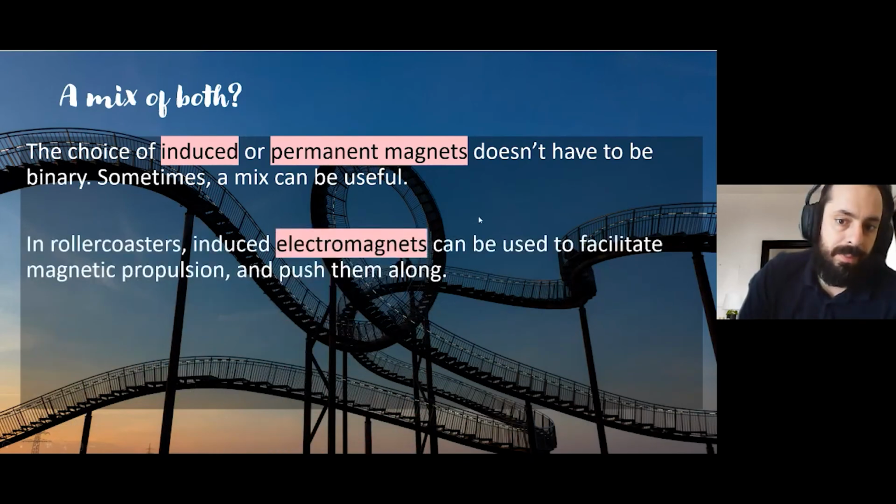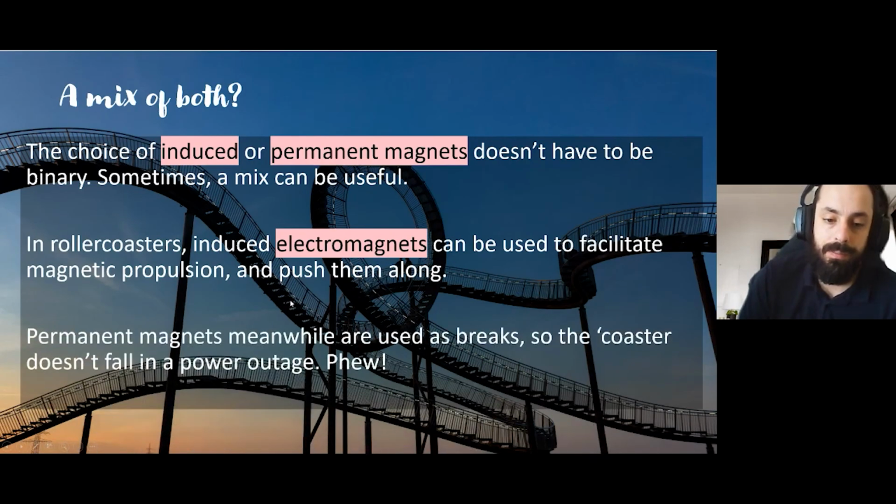Sometimes you can use induced magnets and permanent magnets for one purpose. So in roller coasters, induced electromagnets can be used to facilitate magnetic propulsion. So thanks to that, the cart is able to move. As you know, the cart doesn't have a motor, it's just being pushed thanks to electromagnetism.